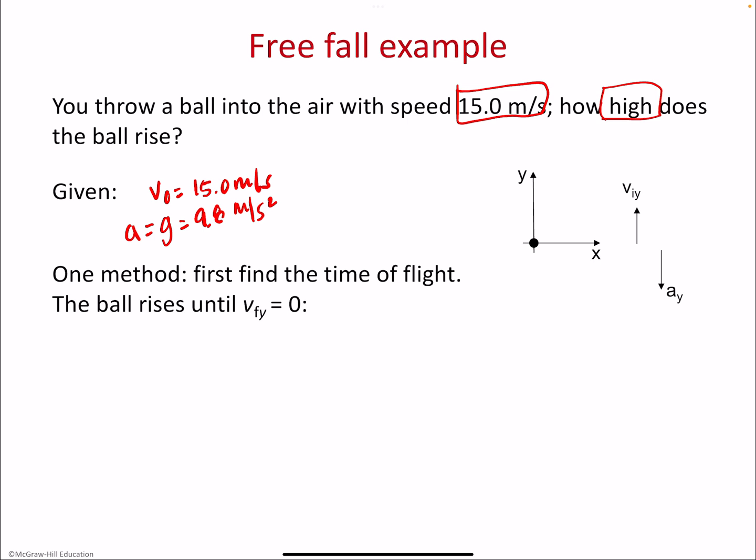Y. Now we are no longer in the horizontal direction, we are in the vertical direction. So now we are looking for y. Do you think that it changes the kinematics equations at all? No, instead of x, we replace it with y. There's nothing else changing besides that.